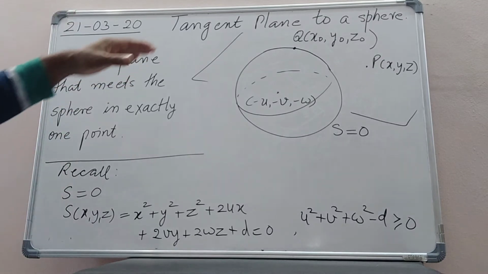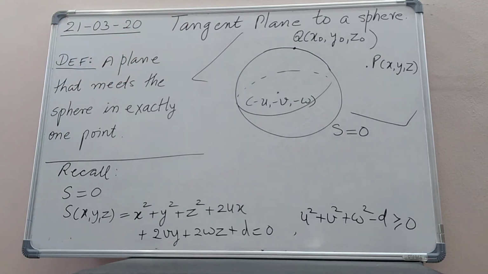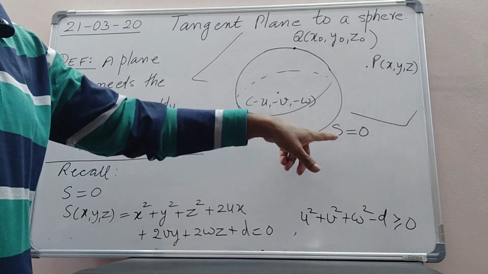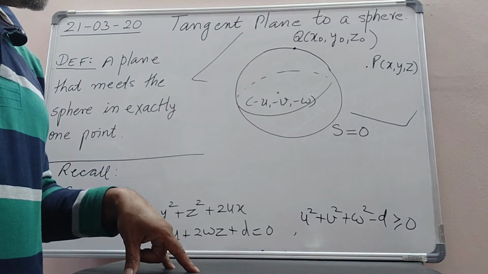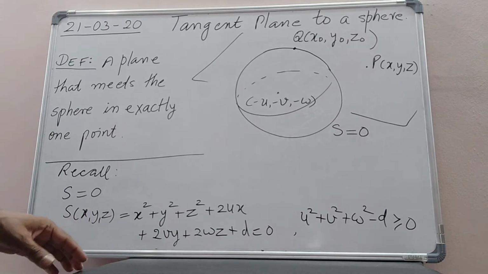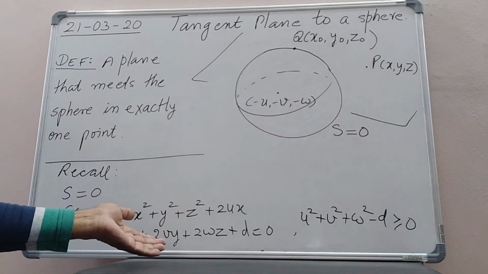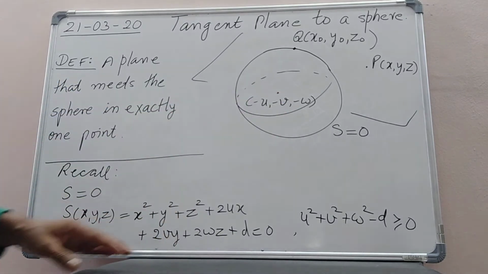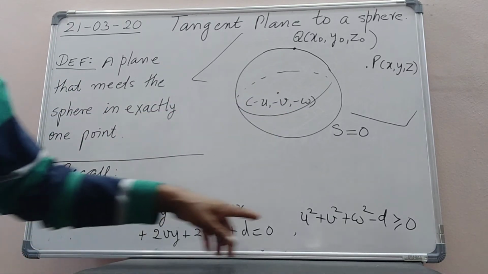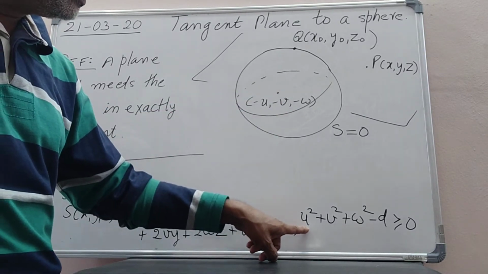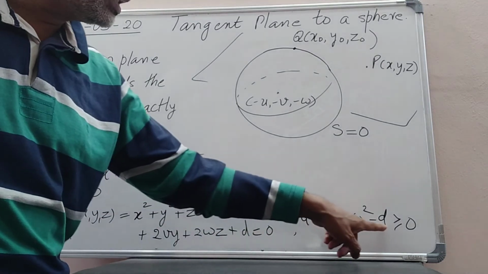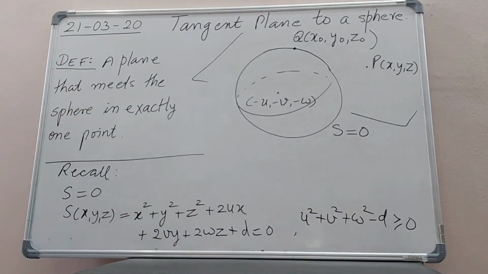So in this video, we are basically going to focus on the tangent plane to a sphere. So I have my sphere S equal to 0. From the previous video, we know that once you write the sphere like this, then minus u, minus v, and minus w is the center. And this quantity on the left hand side is the square of the radius.